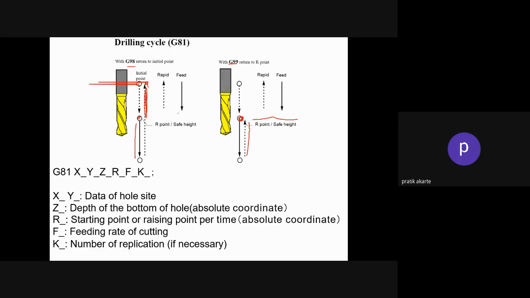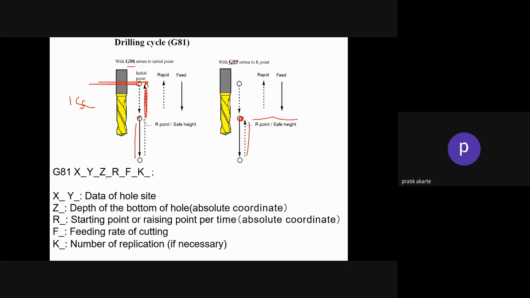So if you have to drill 100 holes, and each travel from reference point to initial point requires 1 second, you will be using 100 seconds more for drilling the 100 holes. That 100-second time is non-productive time. That's why programmers generally call the tool at some safe height or reference point, and then move to the next position.